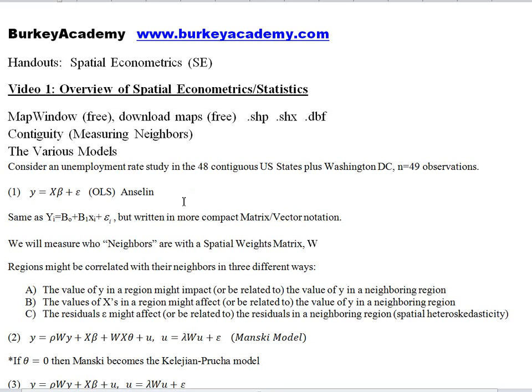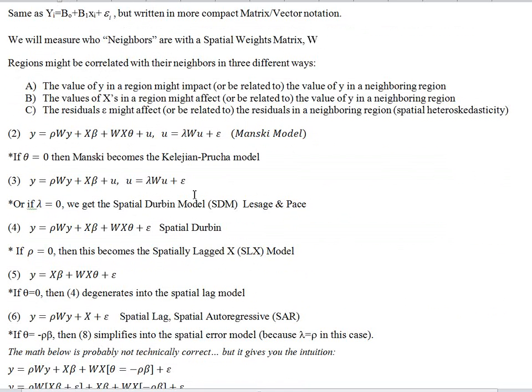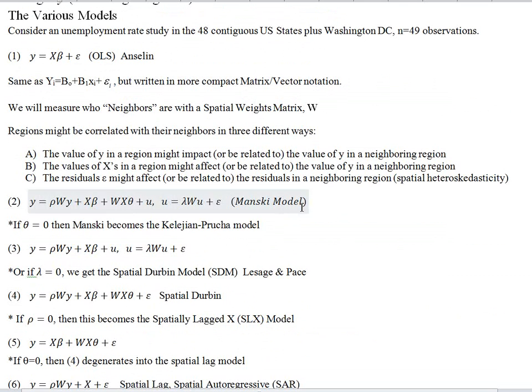And so those are three different camps that say how you should specify a spatial model. Anselin: start with OLS and see if you should expand that to the spatial error or the spatial lag model. Kelejian and Prucha, who say start with this model and see if you should restrict it. At least I think that's what their philosophy is.